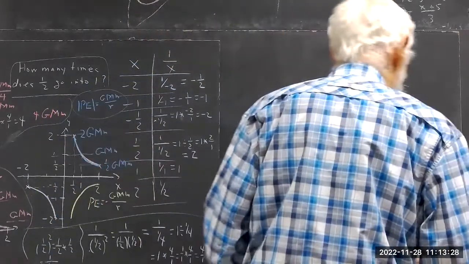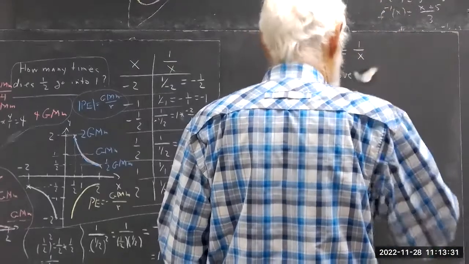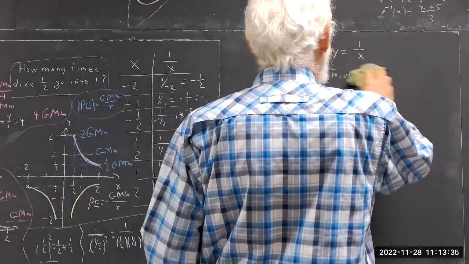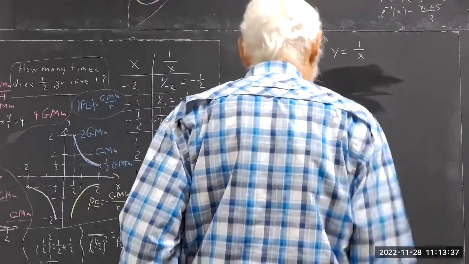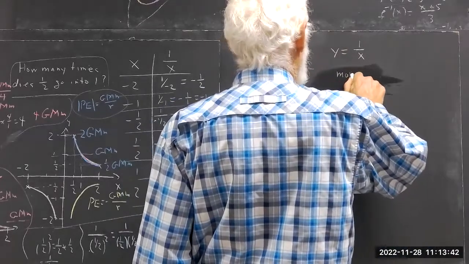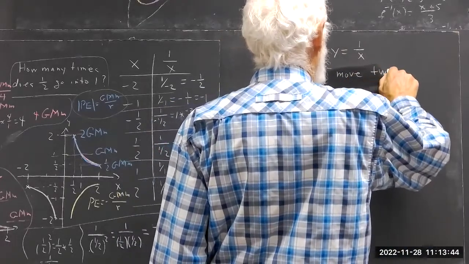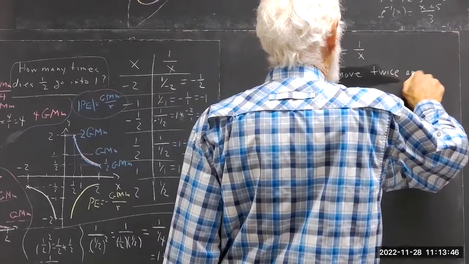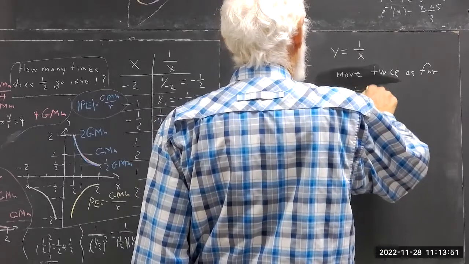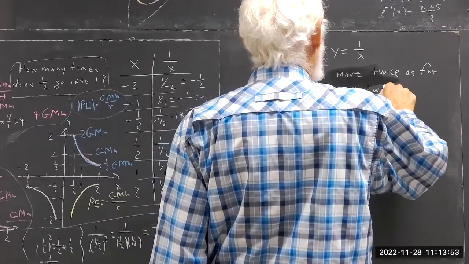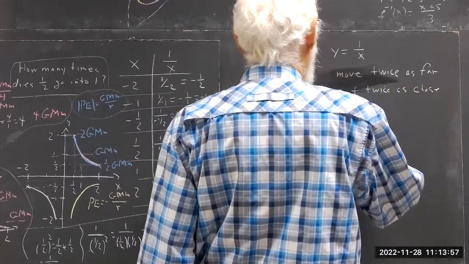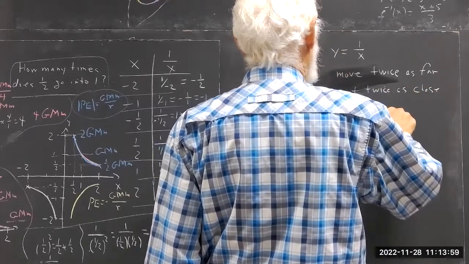The 1 over x function has a characteristic that if you move twice as far, you get twice as close to the x-axis.